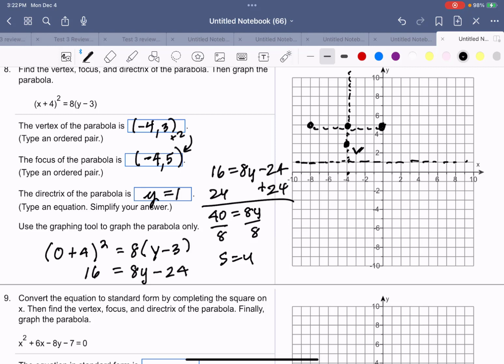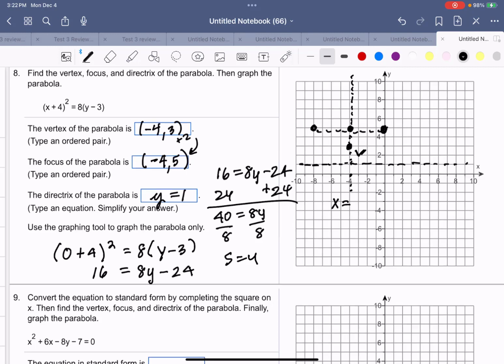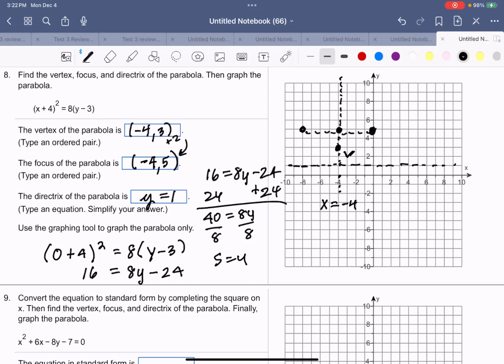Remember, you may have done this in Math 112, the axis of symmetry here is x equals -4. So that parabola is going to look exactly the same on the right as it does on the left. And so that is the graph of this parabola, its vertex, its focus, and its directrix.